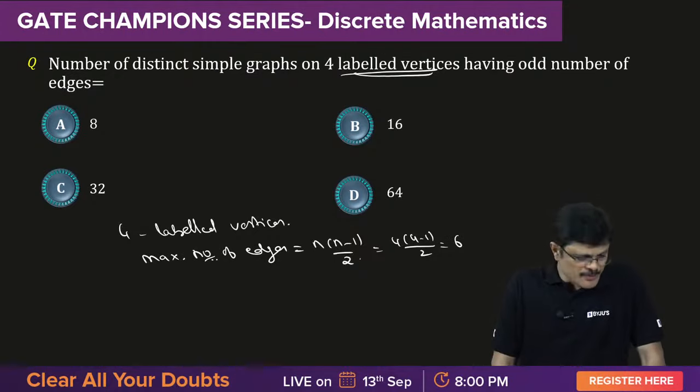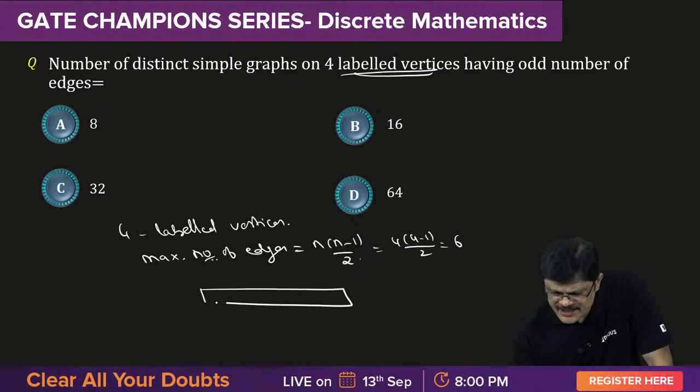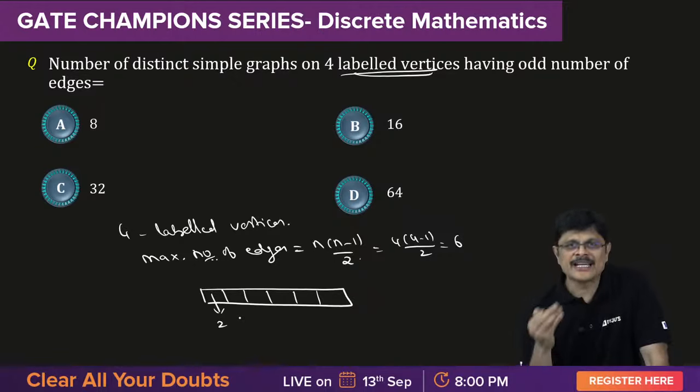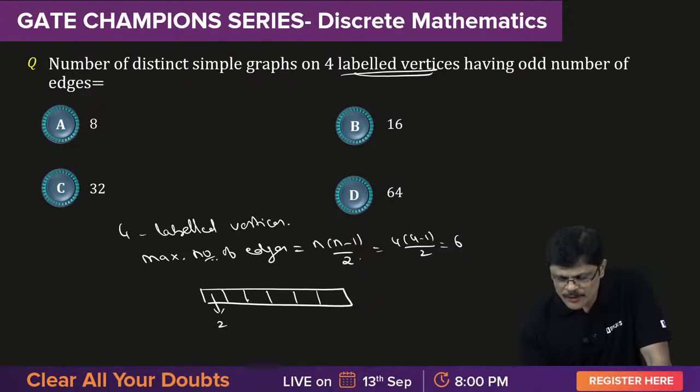How many edges are possible? 6 edges are possible. So each edge has two possibilities. Either it can belong to your graph or it may not belong to the graph.